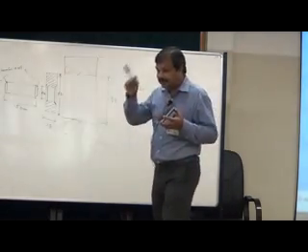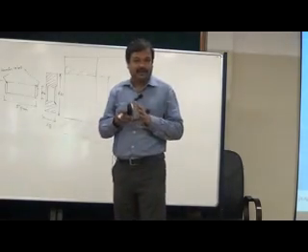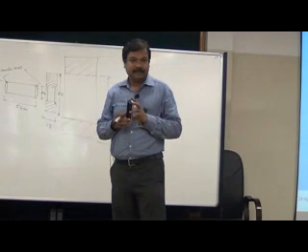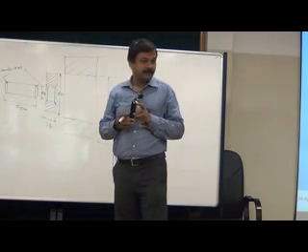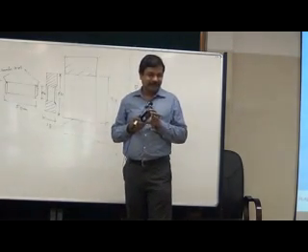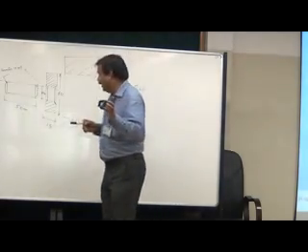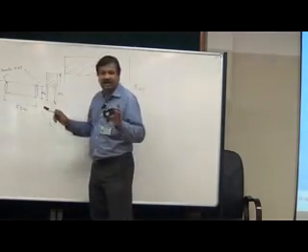Don't give me concepts. Tell me exactly this is how you have to do it. The housing and the bush are kept in contact with each other, whereas the shaft and the bush are given some amount of little space. Beautiful, beautiful. What you do is you provide a small space.